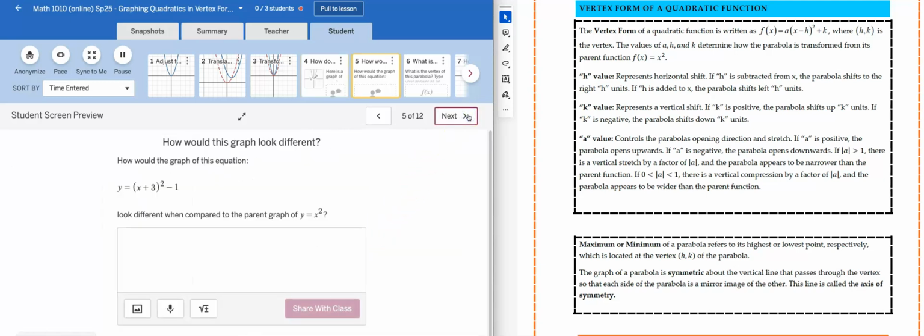Okay. All right, so on this one, I want you to tell me, where would the vertex of this be? So our vertex needs to be written as an ordered pair, right? It's a point on the graph. So something, comma, something. So remember we said over here, it's H, comma, K. That's our vertex.